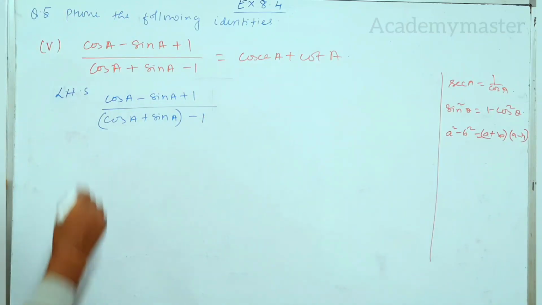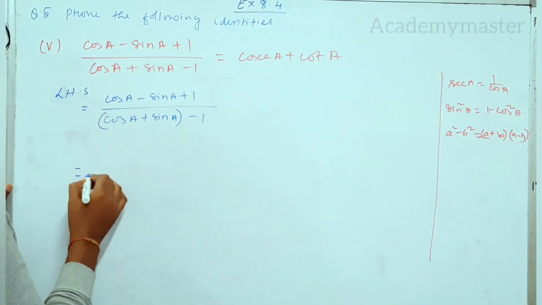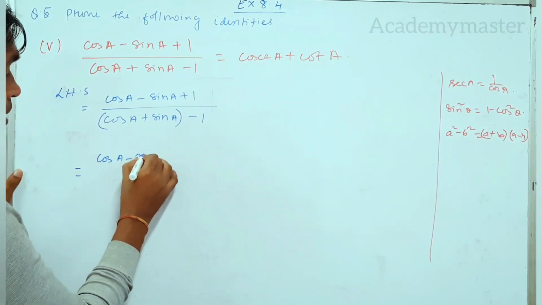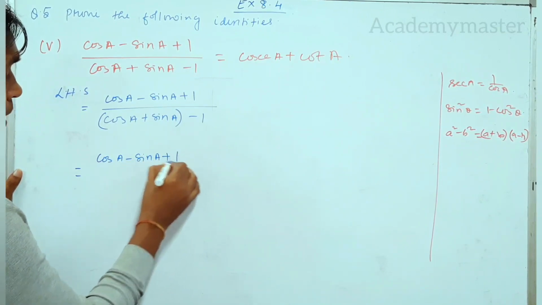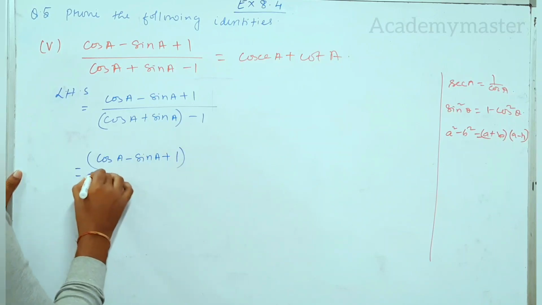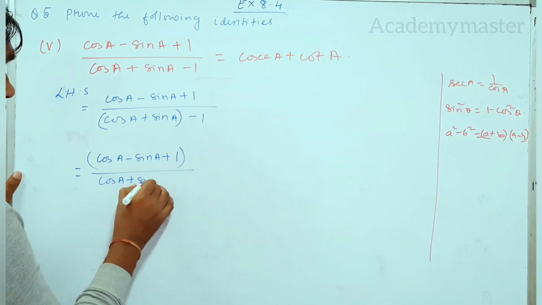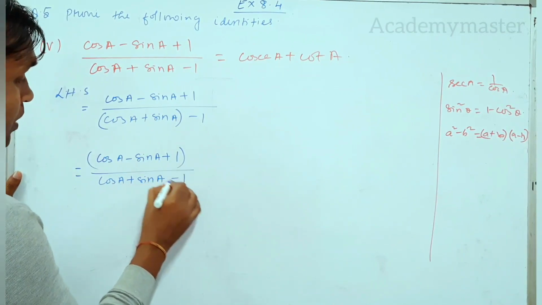Okay, got it? So in the next step, we are rationalizing it. So cos A minus sin A plus 1 in the numerator, and in the denominator we will write cos A plus sin A minus 1.